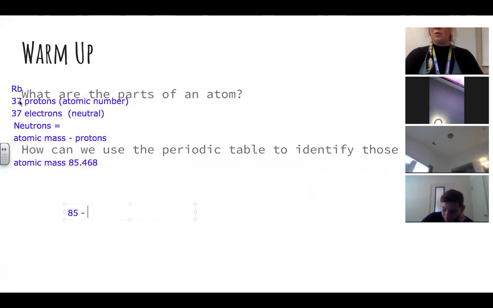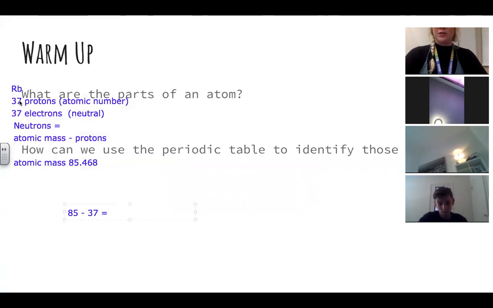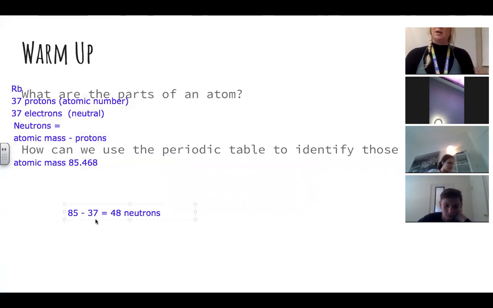Well, we already figured out 37 protons just from looking at the atomic number. And what do we end up getting if we subtract 37 from 85? We get 48, right? Which tells us that we have 48 neutrons in an atom of rubidium.